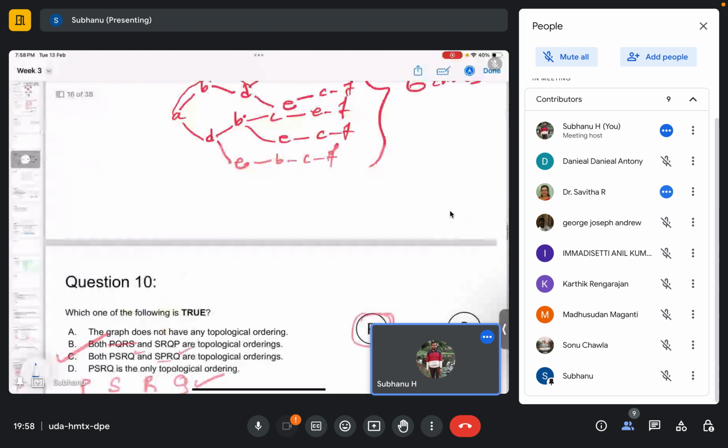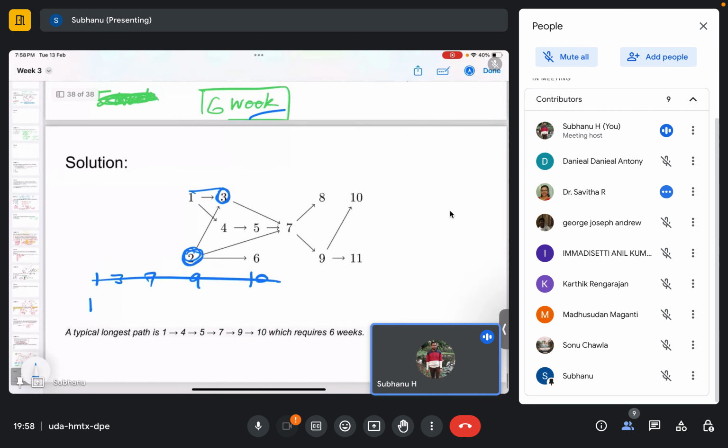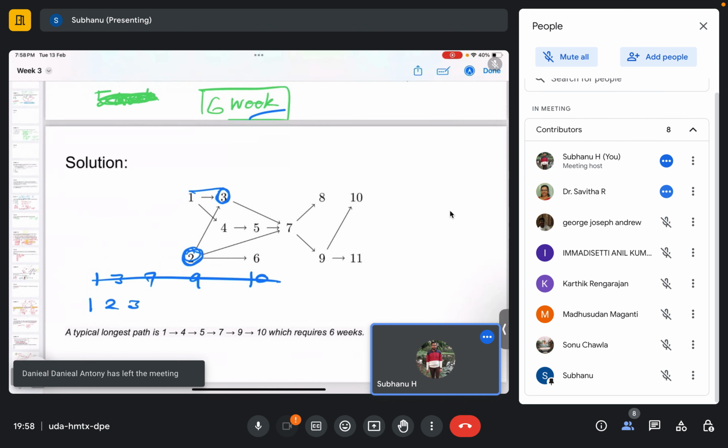So vertex number 2 has in-degree 0. So you have to delete this and write this here, then you can come to 3. Then you can come to 7. To come to 7, you also have to write this 4, 5 and 6. Then you can go to 9 and 10. So you can see here, like 1 2 3 7 9 10.